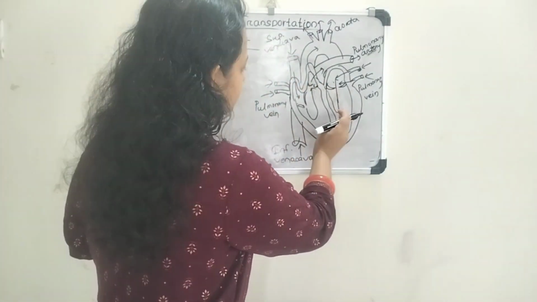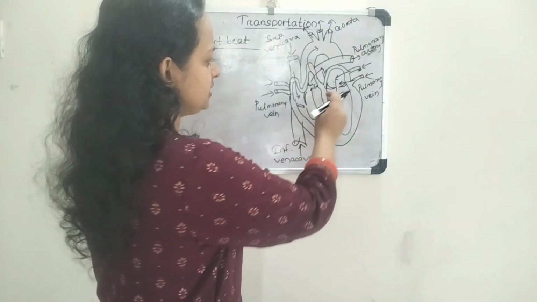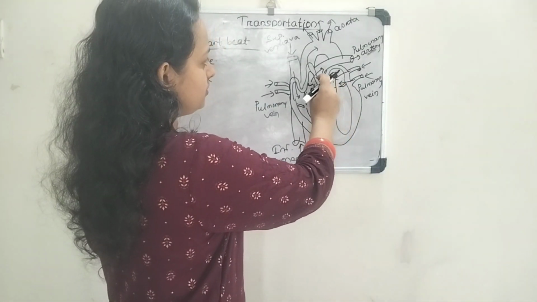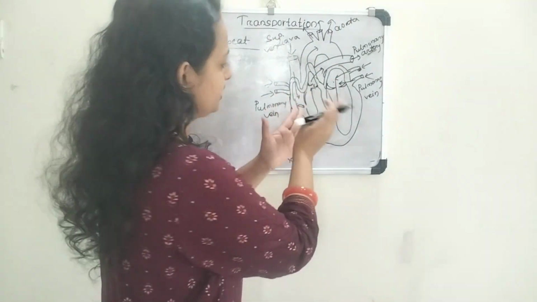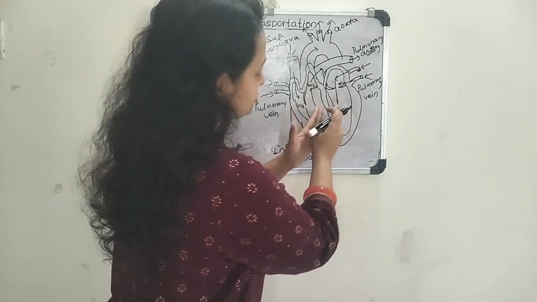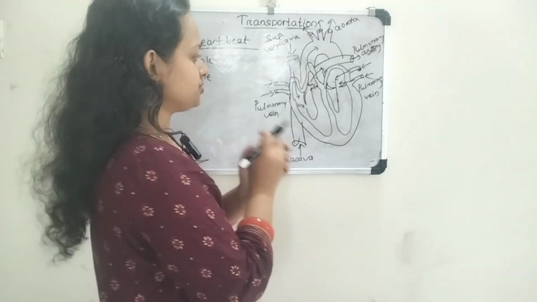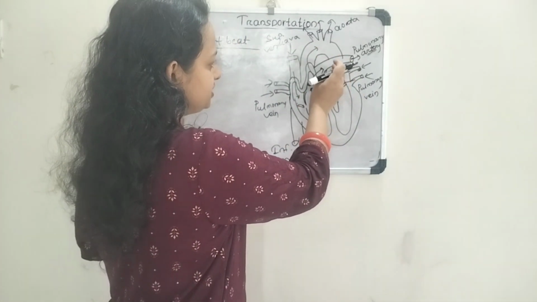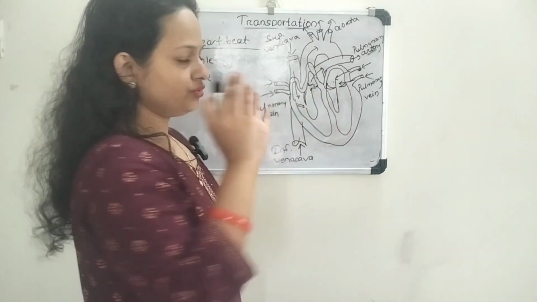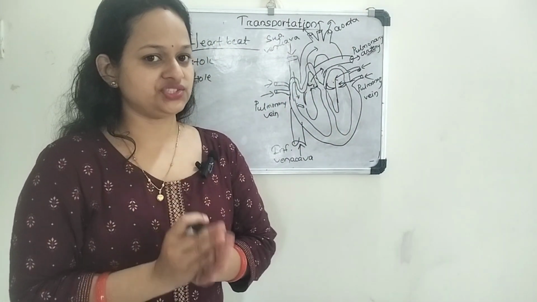And from the ventricle, when the pressure increases inside the ventricle, it flows its blood to the outside through different parts of the body, and again the ventricle comes to its contraction phase. So after the contraction of both atria and ventricles, both come to the relaxation phase.